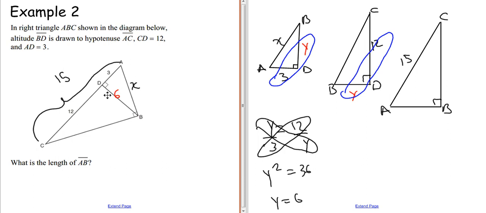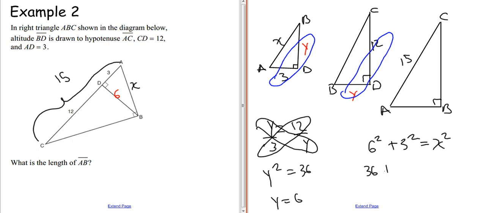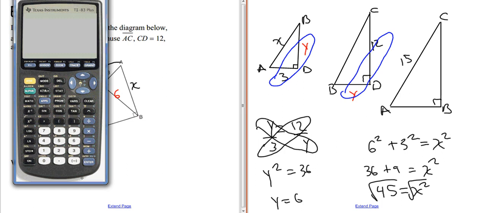Once I know this is 6, I can use the Pythagorean theorem to find X. I know that 6 squared plus 3 squared has to give me X squared. So that's 36 plus 9 equals X squared. 36 plus 9 is 45. So 45 equals X squared. Take the square root of it, and what do we get?